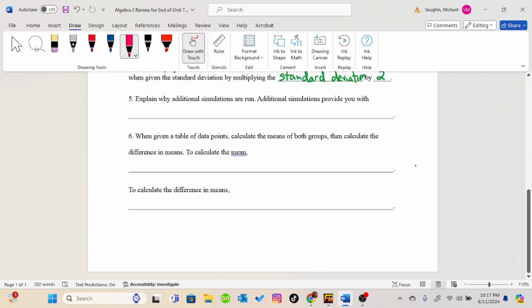Number 5. Explain why additional simulations are run. What you need to remember is that additional simulations provide you with a more accurate margin of error.